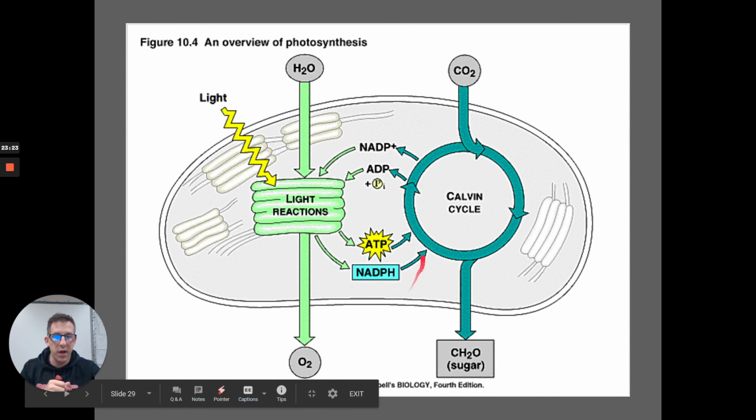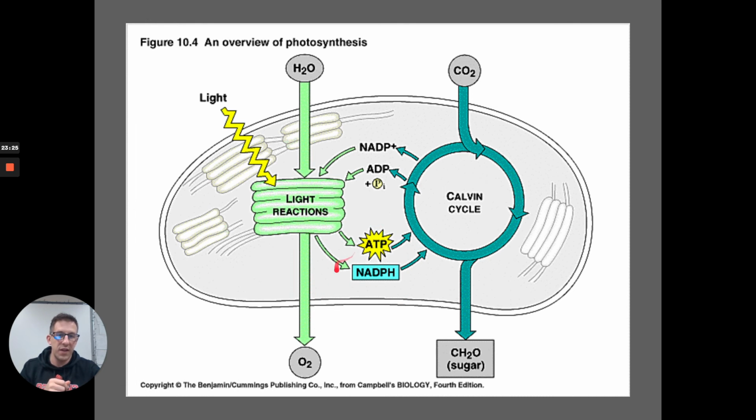These products, ATP and NADPH, are then taken to the stroma, which is the space that surrounds all of the thylakoids, and they enter a second phase, called the Calvin cycle, also known as the dark reactions. In the Calvin cycle, ATP and NADPH, along with CO2 from the atmosphere, are used to make sugar molecules. That is the next phase that we're going to talk about in the next video.